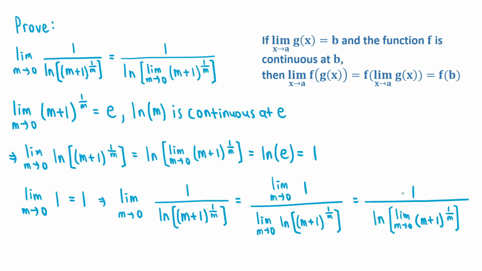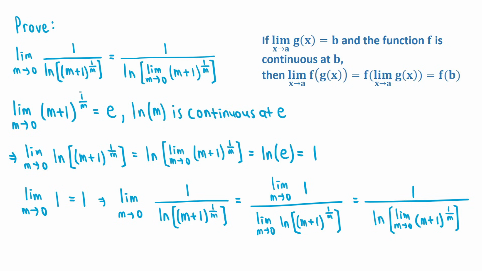And this is just equal to 1 over ln of the limit as m approaches 0 of m plus 1 to the 1 over m, since in the numerator, the limit as m approaches 0 of 1 just equals 1. And we just showed earlier that the limit as m approaches 0 of ln of m plus 1 to the 1 over m equals ln of the limit as m approaches 0 of m plus 1 to the 1 over m.